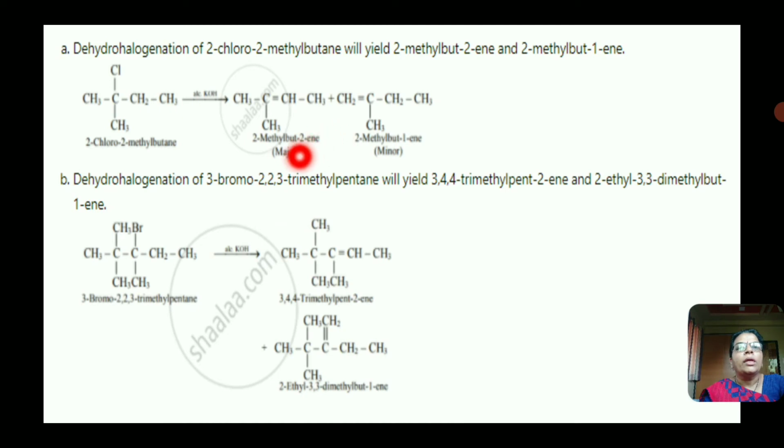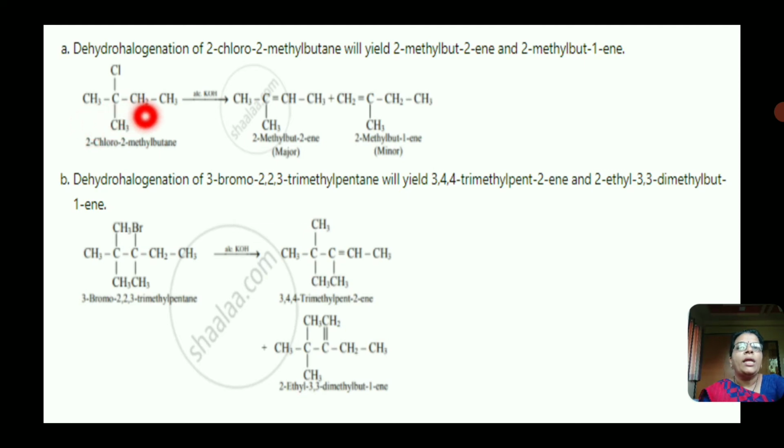The carbon atom which is bonded to chlorine is the alpha carbon atom, and the carbon atom which is bonded to the alpha carbon atom is the beta carbon atom.